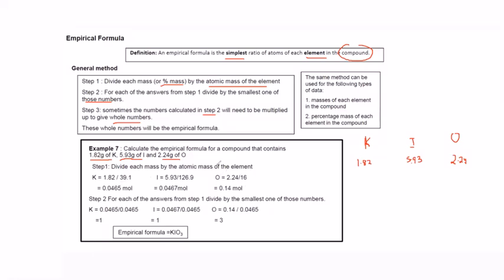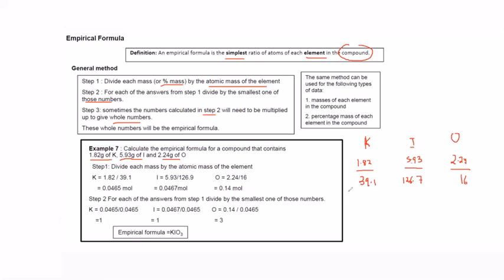So the first step is to divide by atomic mass. The atomic mass of potassium is 39.1, the atomic mass of iodine is 126.9, and the atomic mass of oxygen is 16. So you divide by 16.